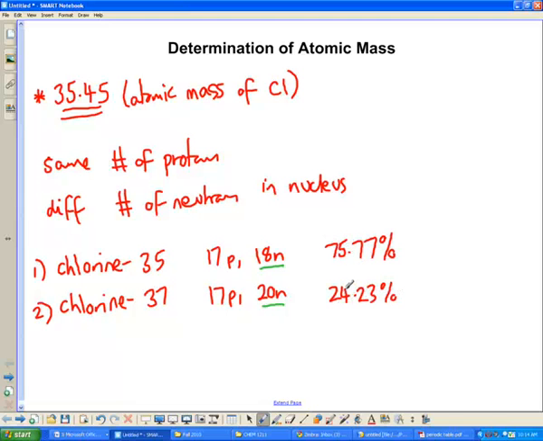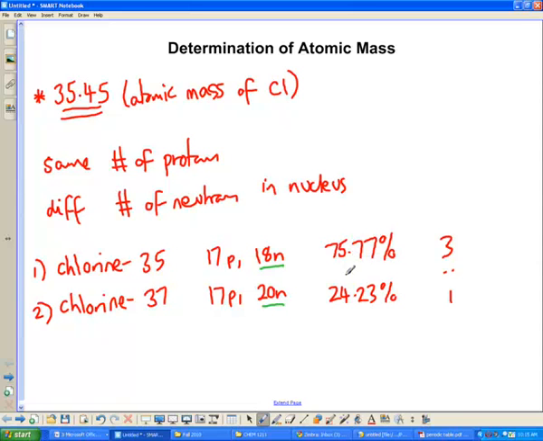So you can see this is approximately 75-25, approximately 3 to 1. There is more chlorine-35 naturally existing than chlorine-37. What that means is when you take the weighted average of these, and we'll talk about that in a minute, the weighted average comes out closer to 35 than 37 because there's a larger amount of chlorine-35.